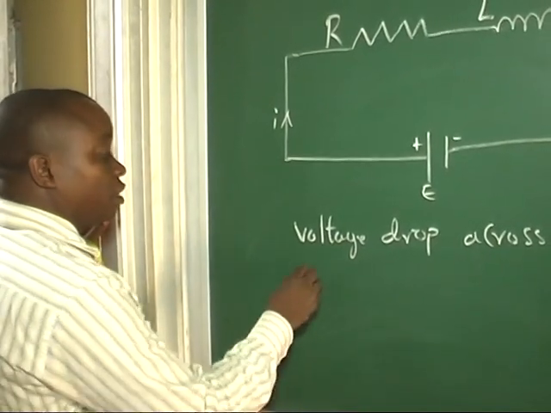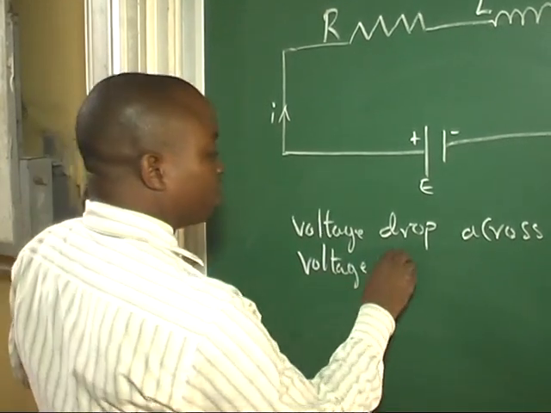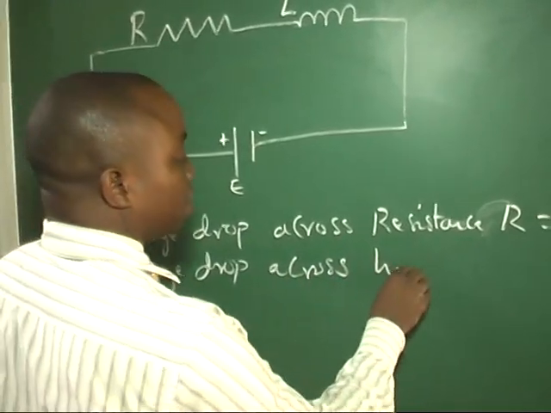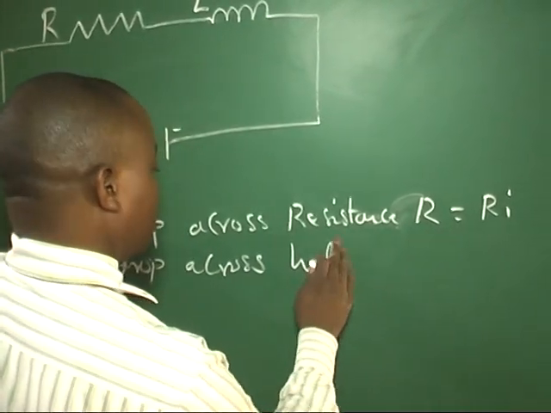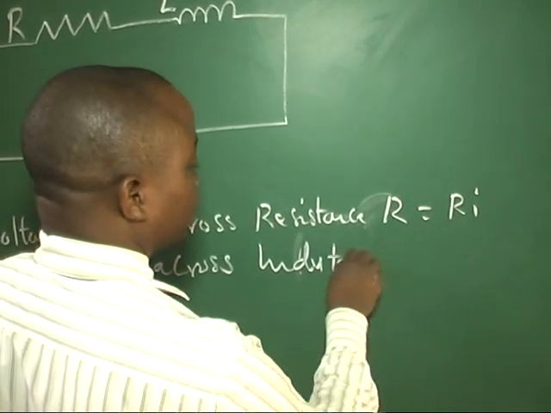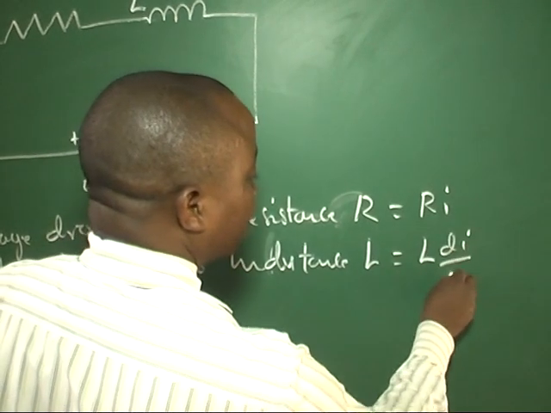The voltage drop across an inductance L is L di/dt.